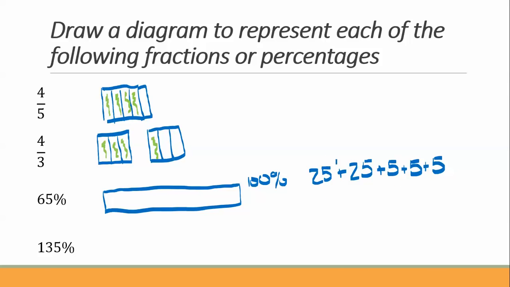So remember, to get the 25, we had to divide our block into 4. And then to get the 5s, we had to divide one of the 25s into 5. And when you're dividing, if you want 5 blocks, you need 4 divisions.